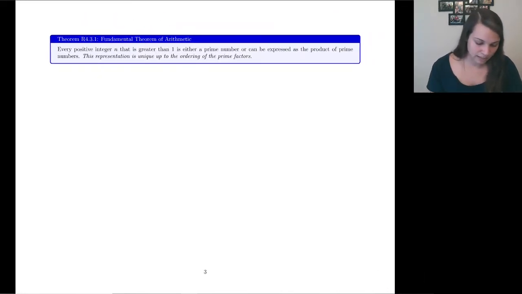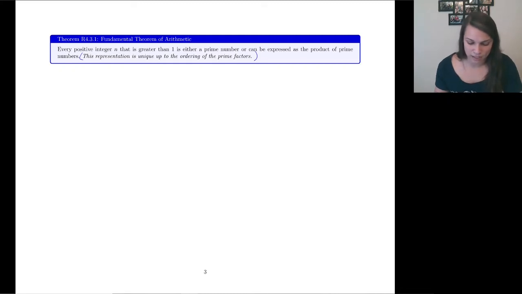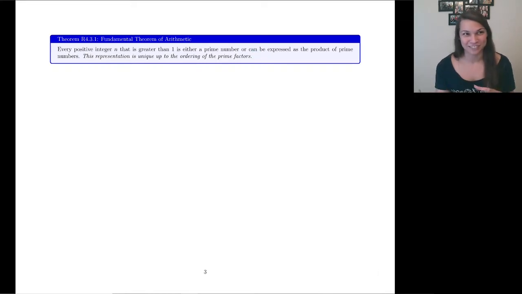Note that it says every positive integer greater than 1 is either a prime or expressed as the product of primes, but we have this extra thing that we haven't talked about yet. This representation is going to be unique. This is the really juicy, powerful part of this theorem, and until today, we haven't had the tools to prove this. This is what we were building our toolbox for last time.